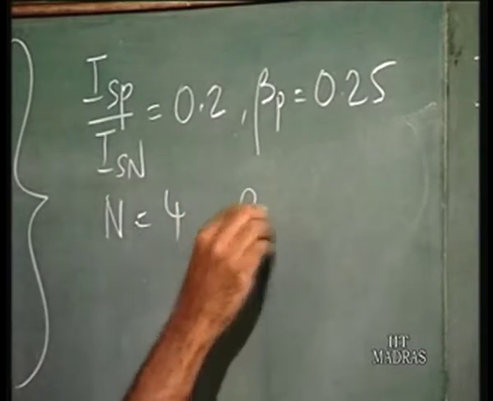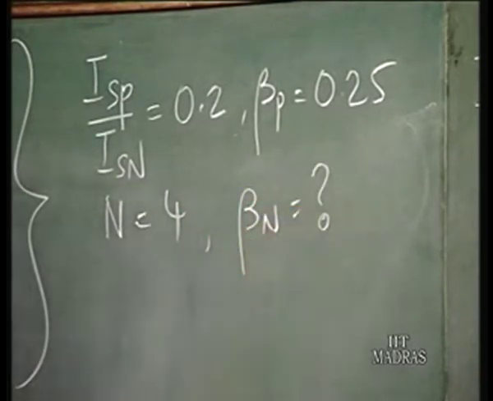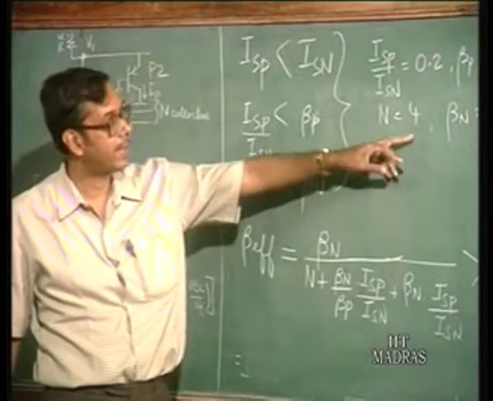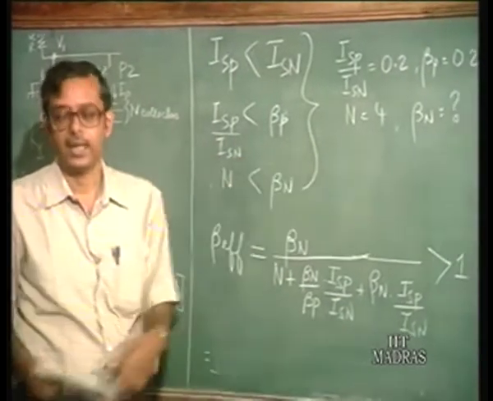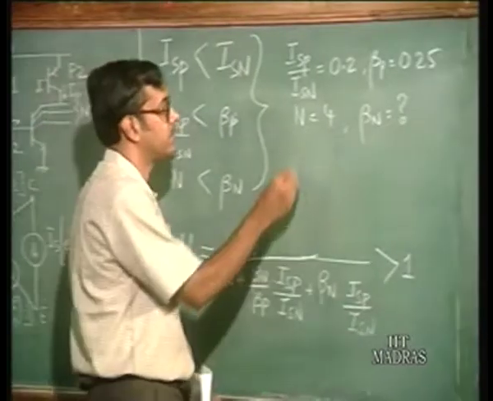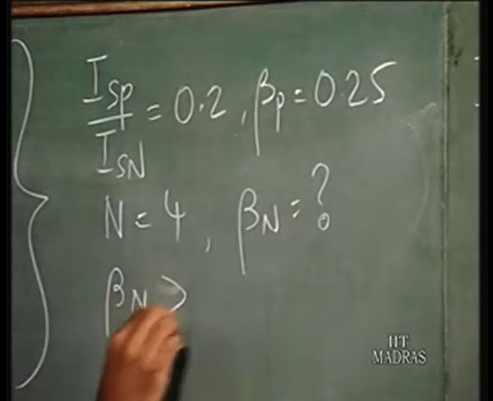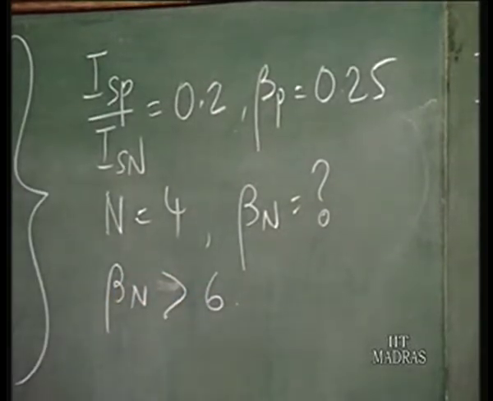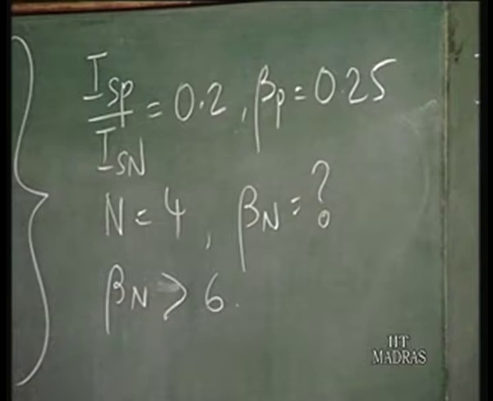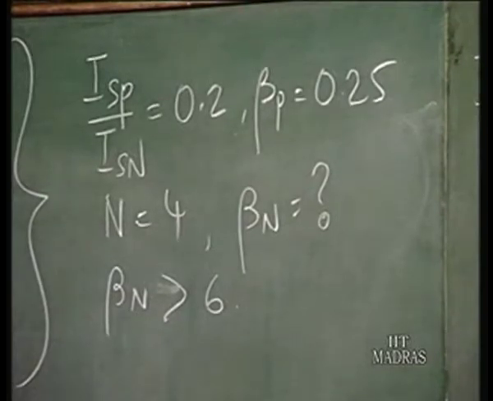So, what is the value of beta n necessary? You can simply plug in the values in this expression and solve for beta n, and it comes out that, of course, it is not a very large value, beta n must be greater than 6. So, this gives us a way of finding out the individual conditions for the transistor to operate properly.